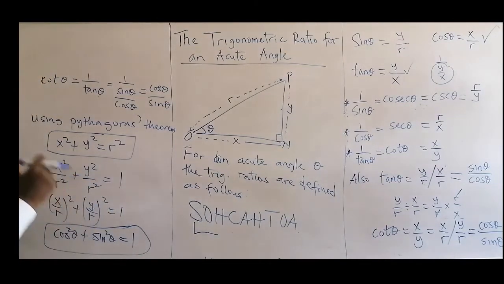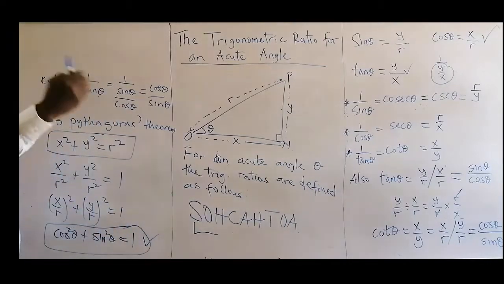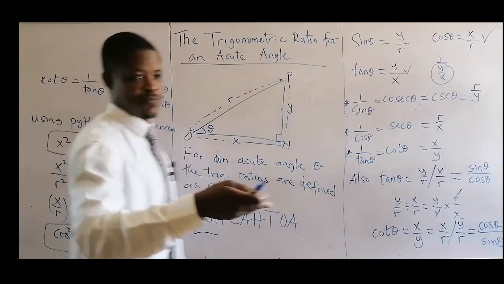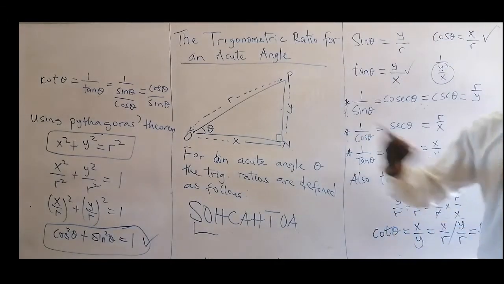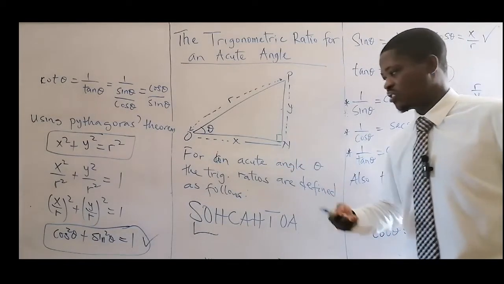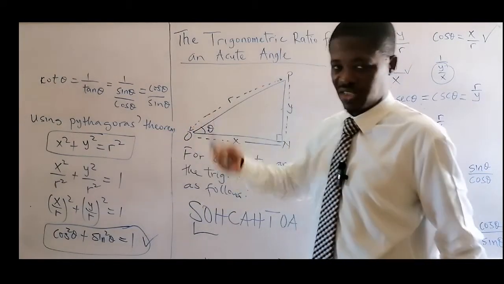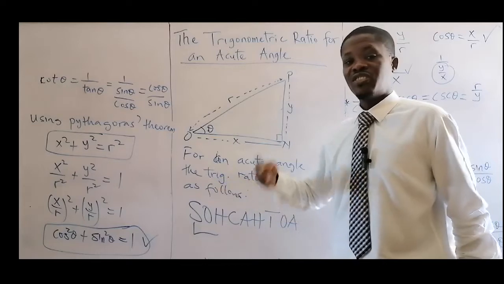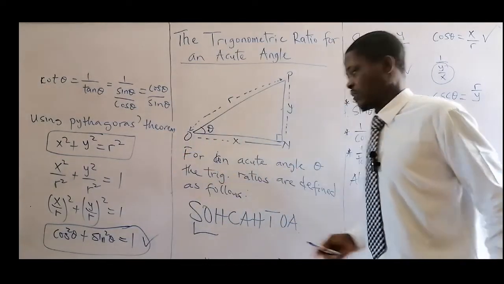With this formula, we can still work on it and generate 2 more formulas. How can we do that? First, we divide through by cos. The other one is we divide through by sine. We're going to look at those 2 cases shortly.